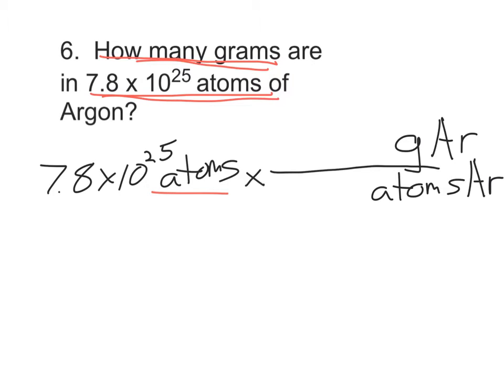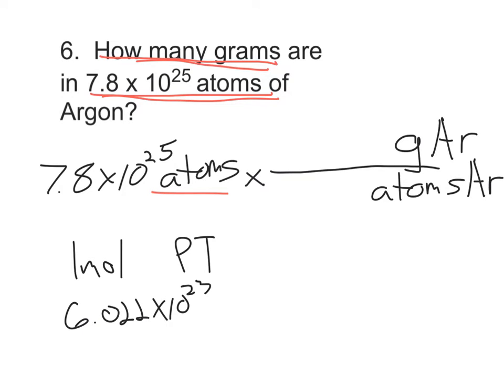The periodic table can tell you the following things. It tells you 1 mole on the periodic table, with a little PT there, is 6.022 times 10 to the 23rd atoms or molecules.